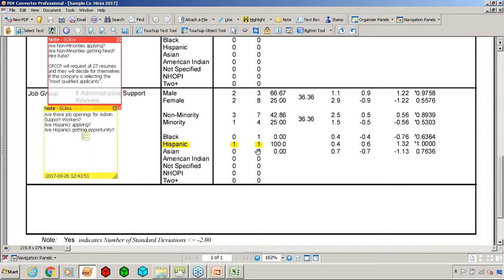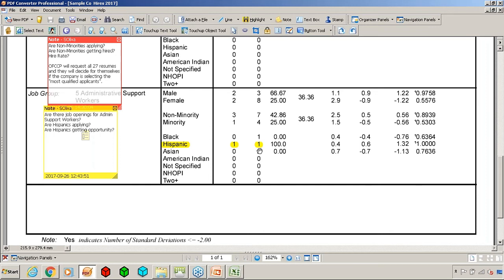So in this case, the OFCCP would want to know, where are you posting the job? And are you reaching out specifically to Hispanics? And so, those of you who are recruiters, you would want to show your applicant log and show where you posted the job.